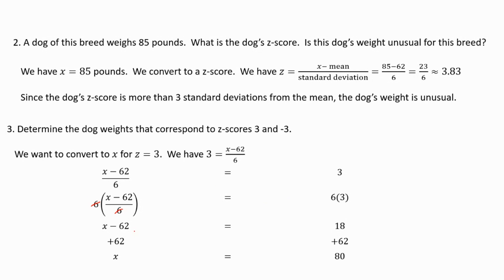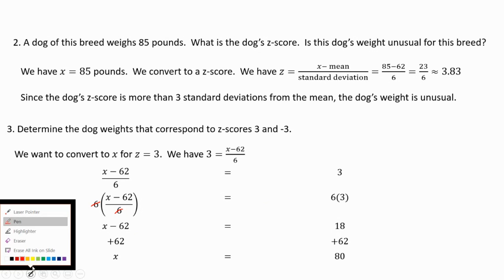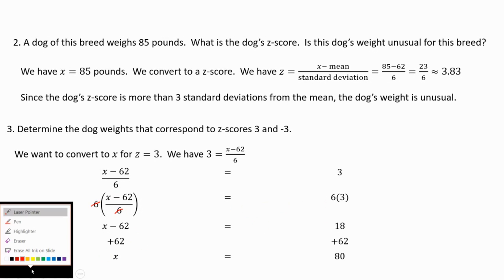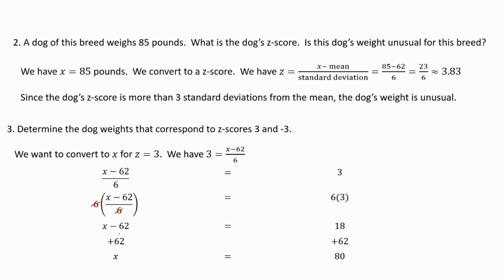And we get x minus 62 equal to 6 times 3, which is 18. Okay, almost there, because now we want x all alone, so we're going to add 62 to both sides.